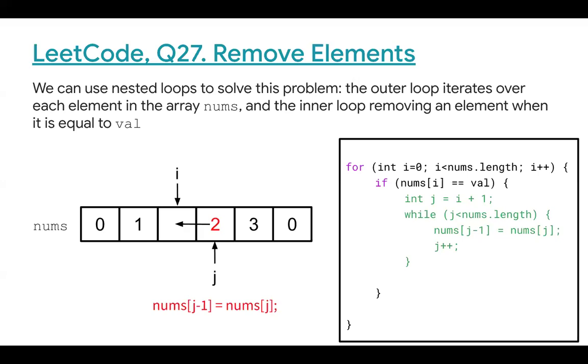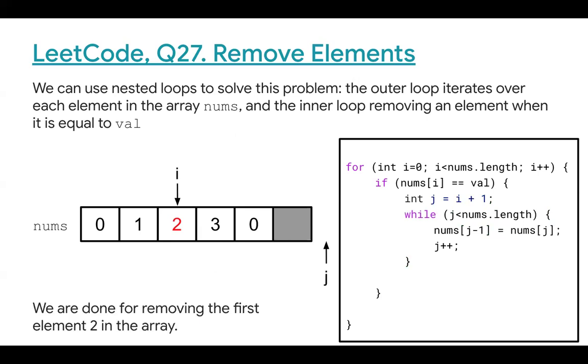Okay, we have seen this code in our last lecture. All right, so then if we run the demo, we first move 2 to the left slot, and then 3, and then 0. Okay, and then we are done removing the first occurrence of 2 in this array.